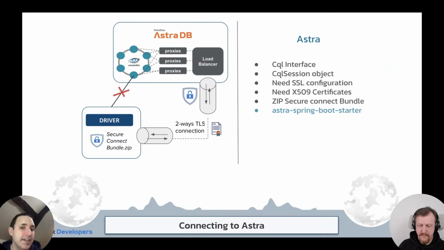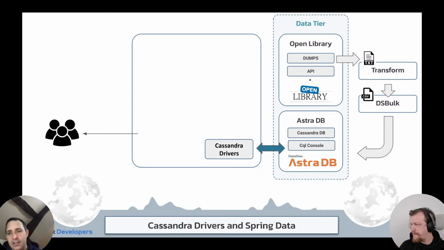So as the name states, Astra Spring Boot Starter will initialize everything you need to connect your app to Astra, meaning creating the CQL session for you and doing all the magic needed with the zip secure connect bundle or SSL. You don't have to worry about anything. That's just done for you. Okay, so that's the Cassandra drivers. And I will navigate the code to show you about the starter.